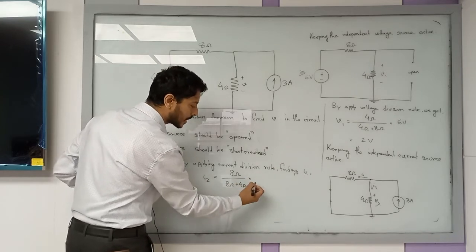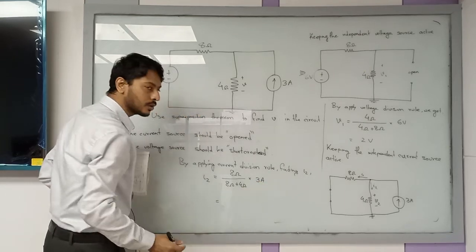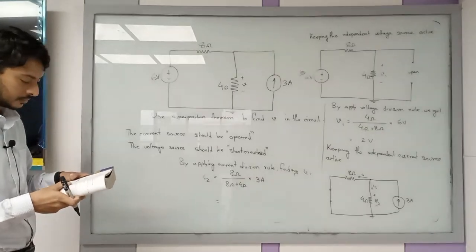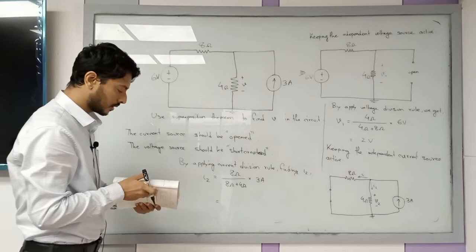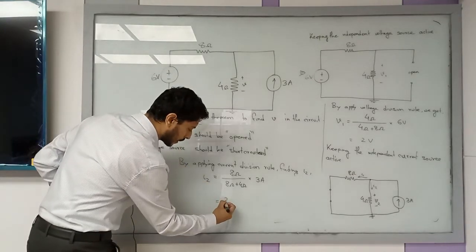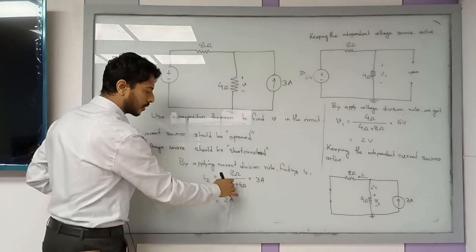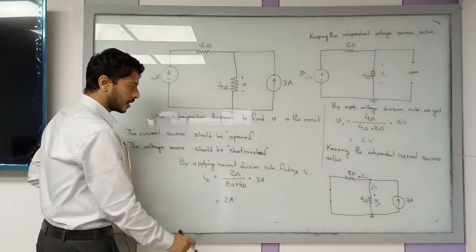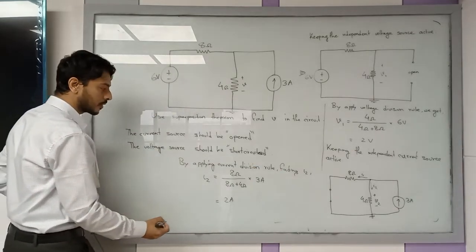What is your supply current? 3 ampere. So you can easily find I2 from here, right? This is 2 ampere. If you calculate this, 12, so 4 2s are 8, so 2 ampere.